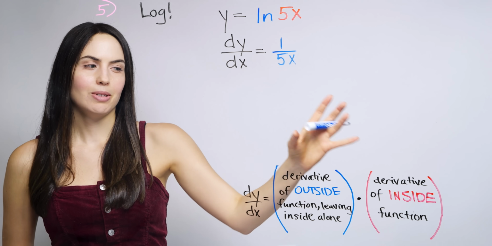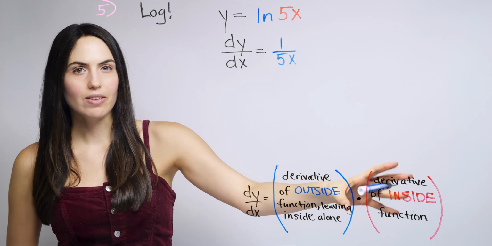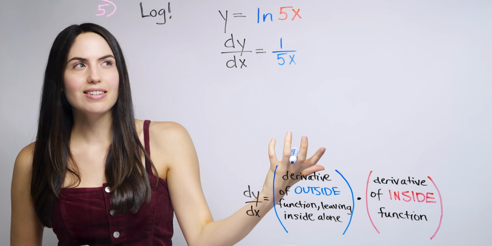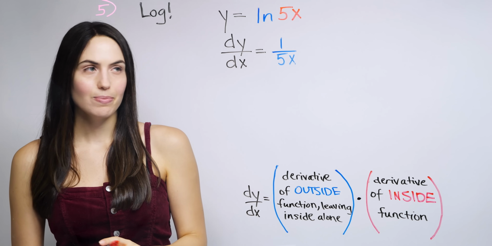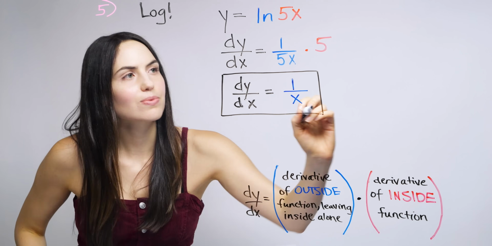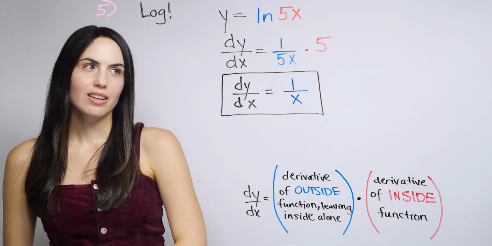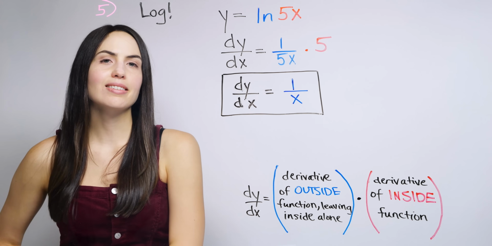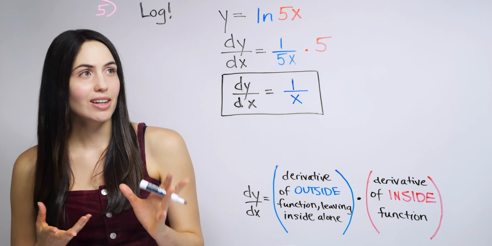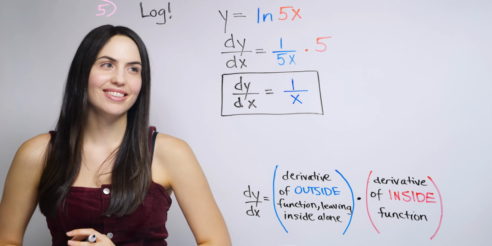Remember, we also have to multiply by the derivative of the inside function, the derivative of the 5x inside. Derivative of that is 5. So the 5 and the 1/5 cancel, and it simplifies to 1 over x. Wait, what? Plot twist. It turned out to be 1 over x anyways.